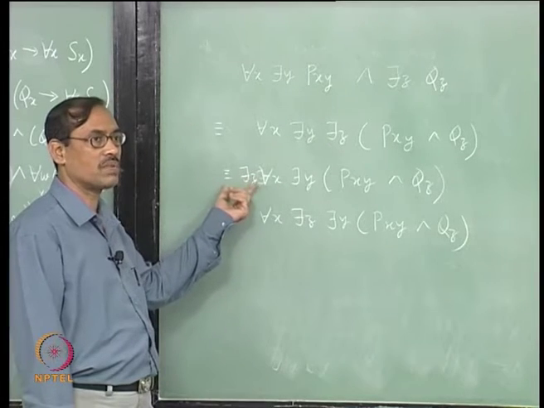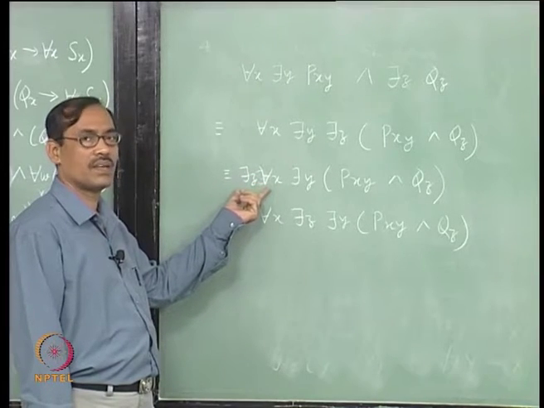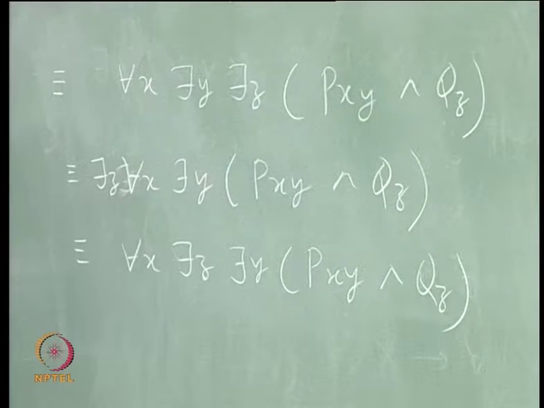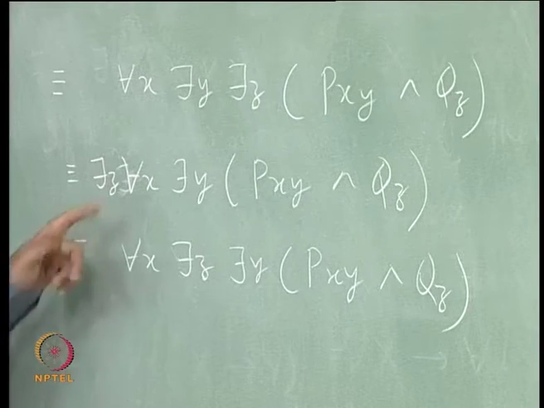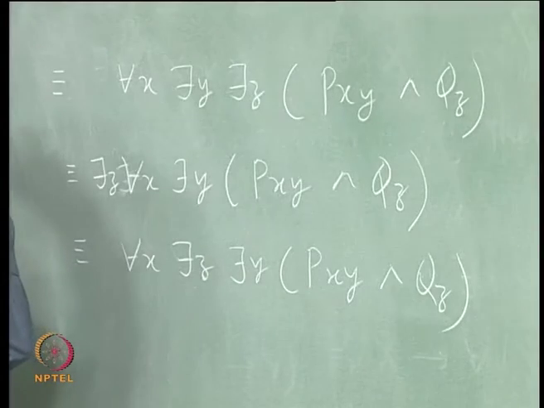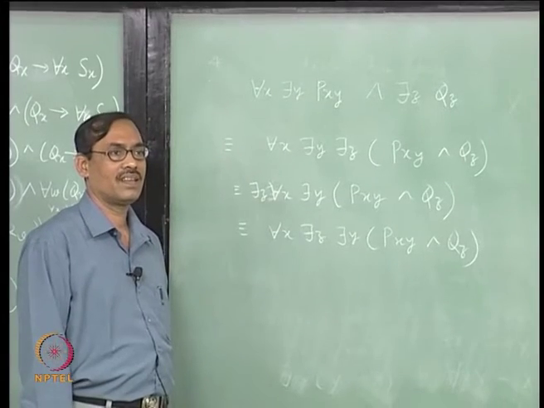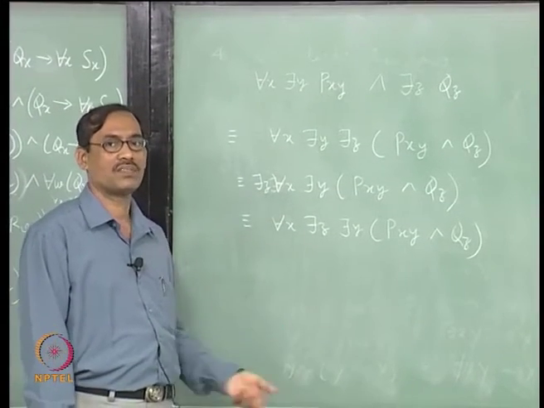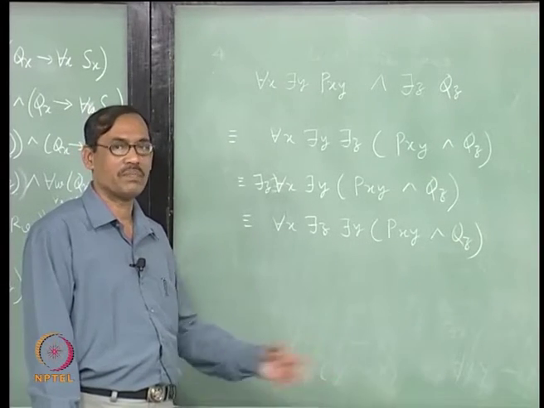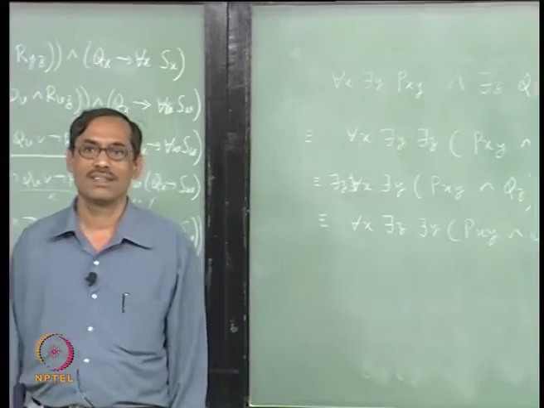So, ∃z has come to the beginning. What does it say? Again the same thing it says, right, because this z does not matter what these x y's are, right. Whether that person has 11 fingers or not, it does not matter for anyone to having parents or not having parents, right.